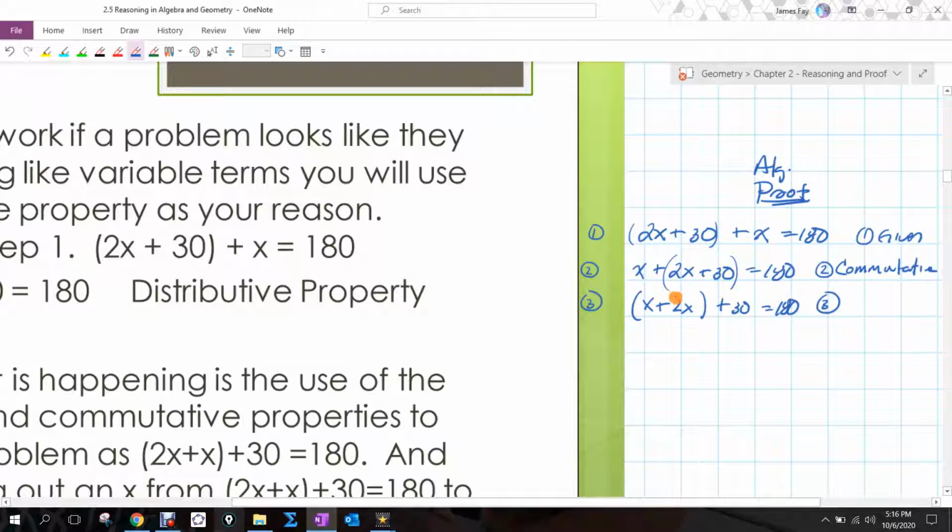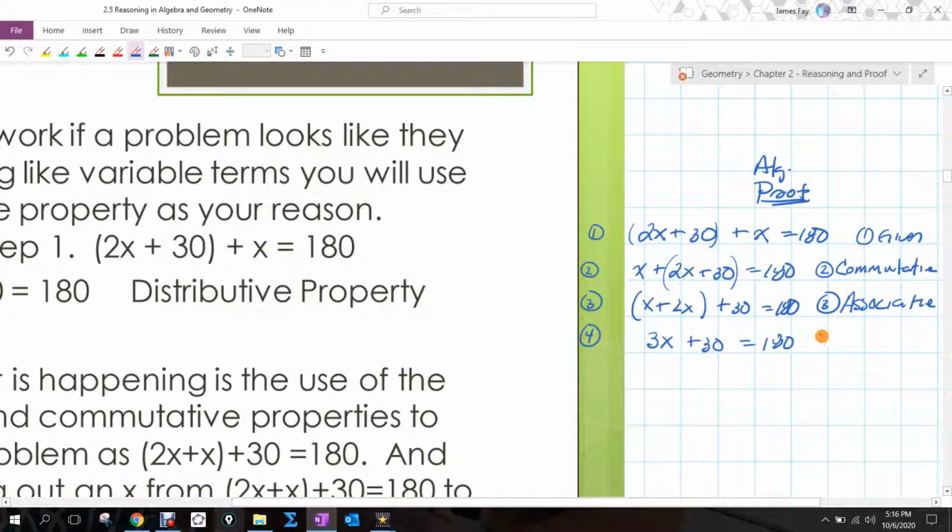If I change my parentheses, I group things differently. You remember that's the associative property of addition. And then x plus 2x we would rewrite as 3x plus 30 equals 180.